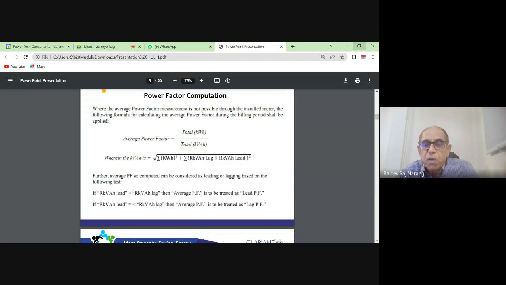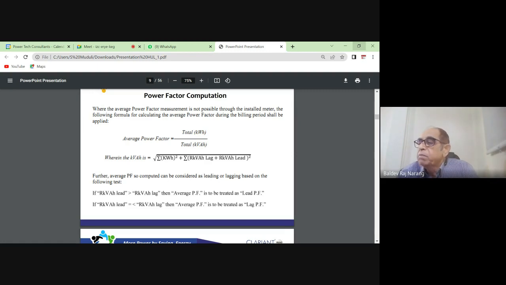Nothing is free now. Earlier, the RkVAh lag was the only thing which was considered. So if you were crossing unity, everybody was happy to maintain unity.